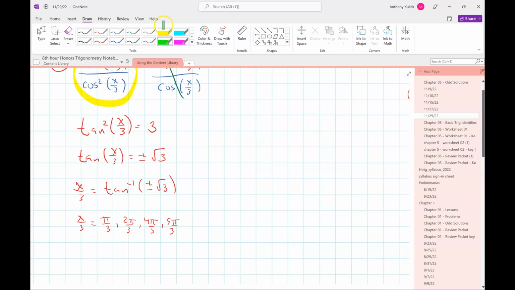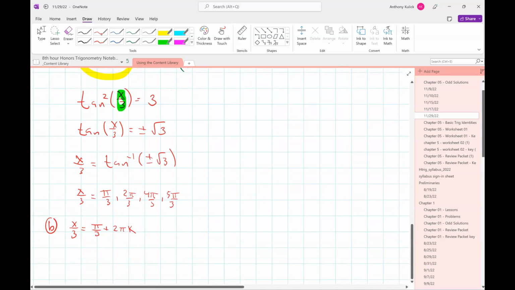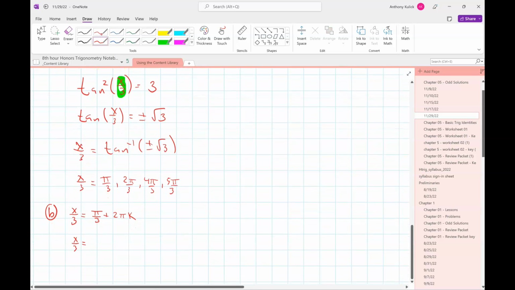However, on a problem like this, where there's a coefficient on my x, I need to do part B first. And again, you could compact some of these together if you wanted to. I'm just choosing not to, for clarity's sake.